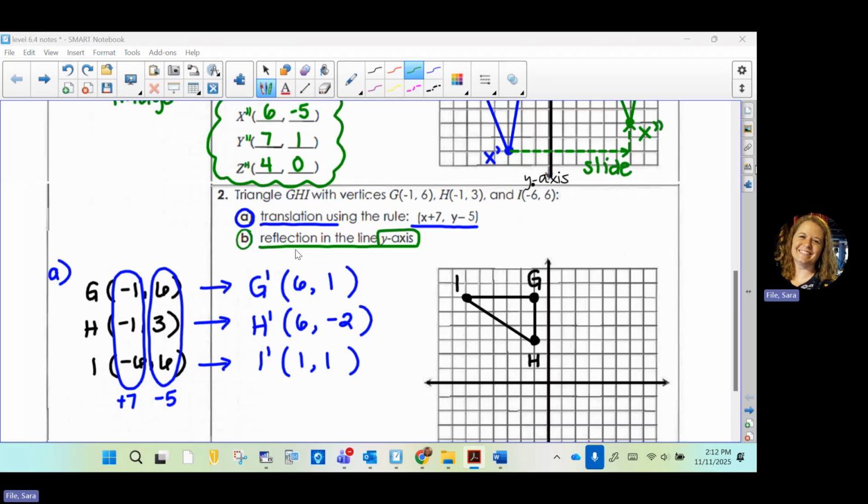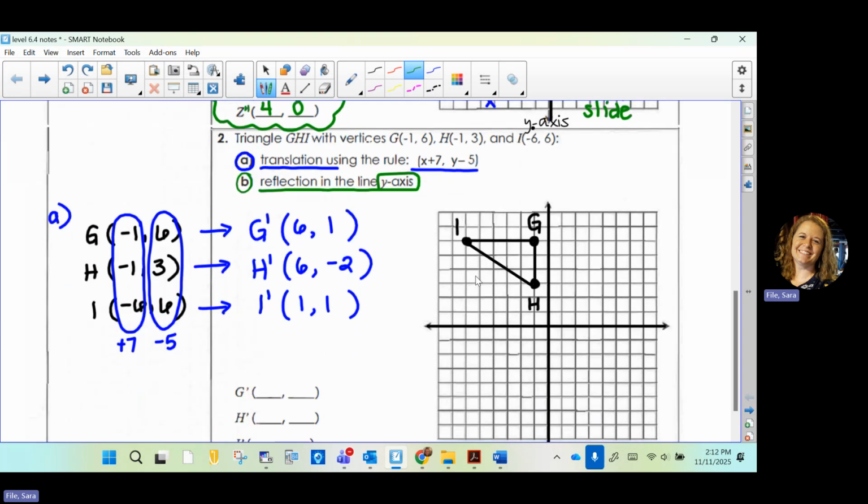So if it says reflect across the y-axis, you find that on the formula chart, and it's going to tell you, when you reflect across the y, your x, well, actually, I'm going to write this down here for part B. You take your x, y, and the rule says that it becomes negative x, y.